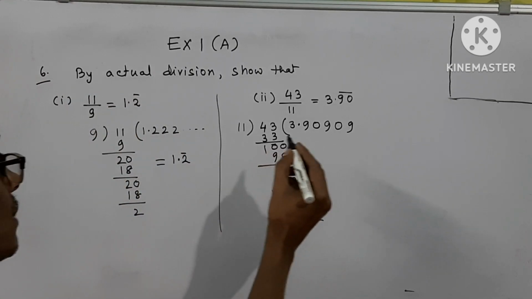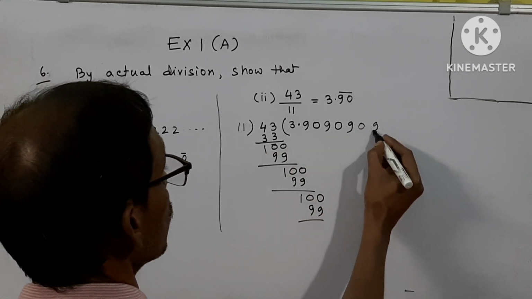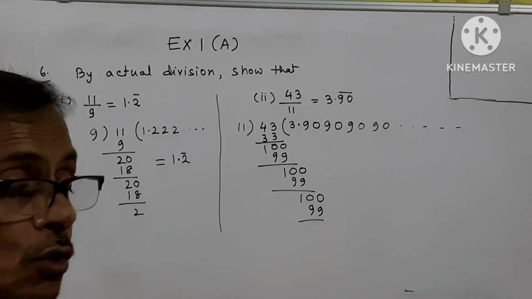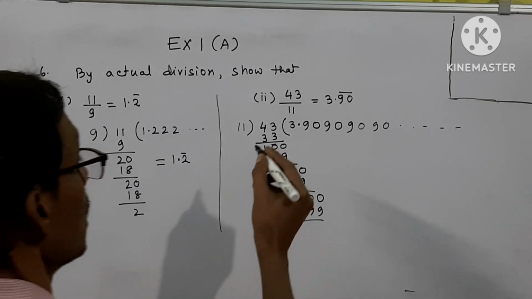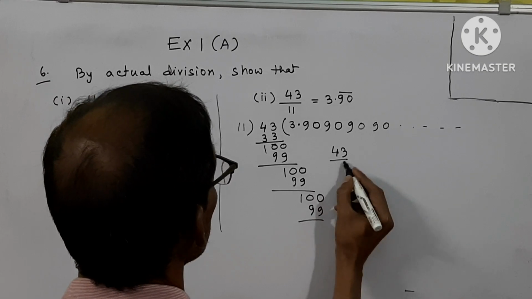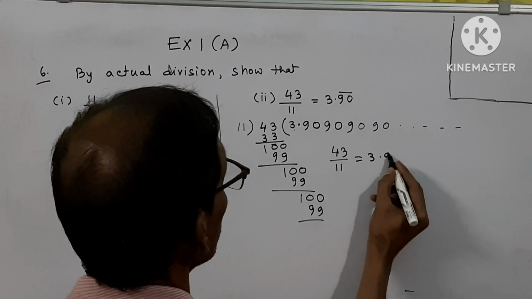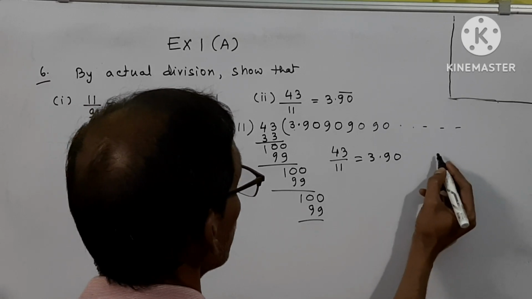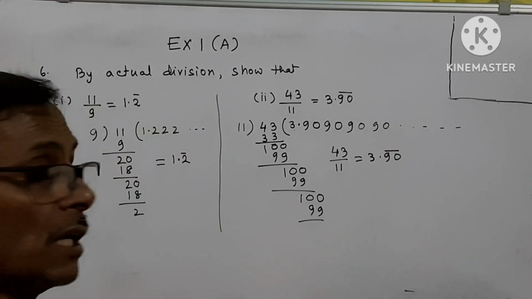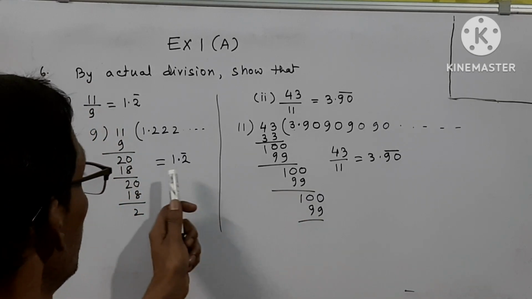So this way you can see 3.90909090 will keep on coming. So 9 and 0 both are coming repeatedly. So 43 by 11 is 3.90909090. Then for both 9 and 0 you have to put a bar over 9 and 0.